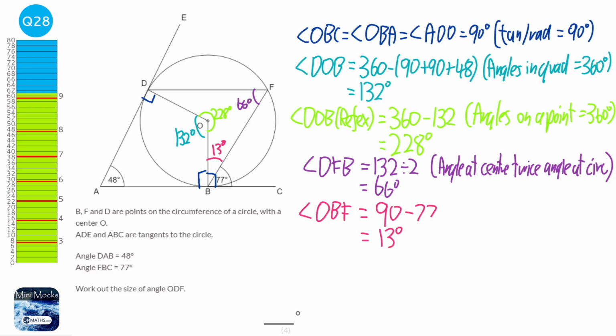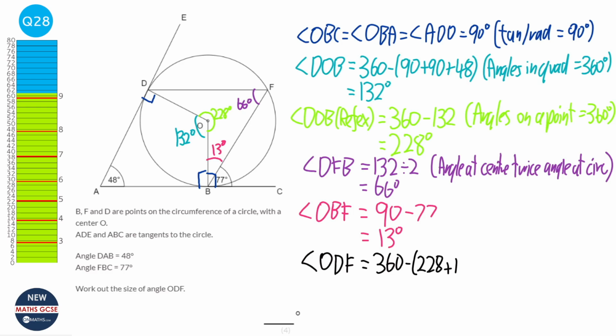And the final thing really here is that we've got a quadrilateral here, kind of an arrowhead. And we've got 3 of the angles, 1, 2, 3, and we're looking for the fourth one. So angle ODF is going to be 360, take away all the angles that we know, so the 228, the 13, and the 66.